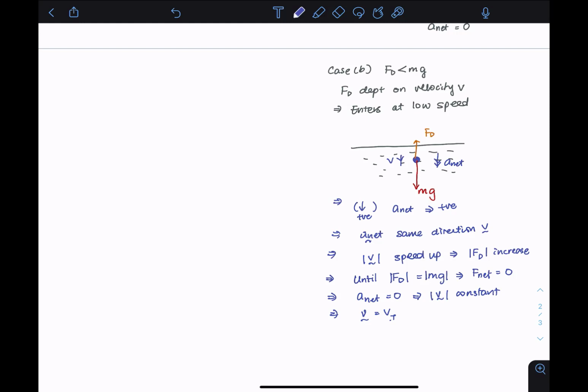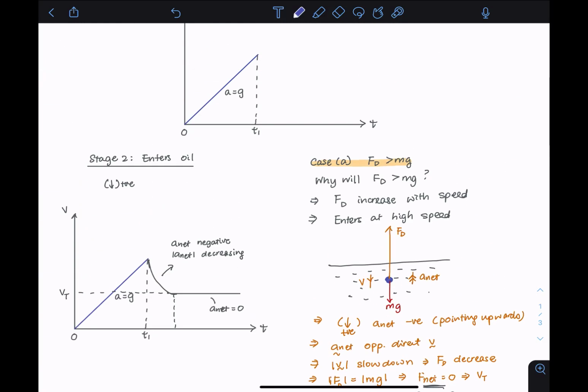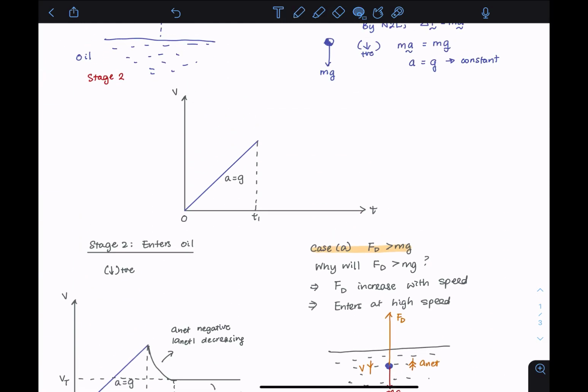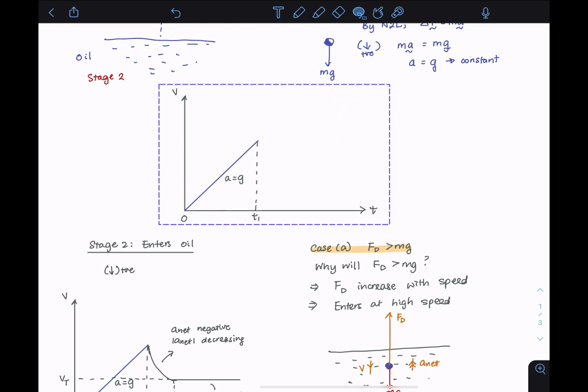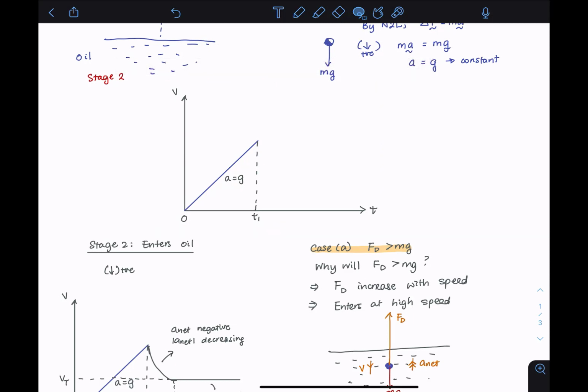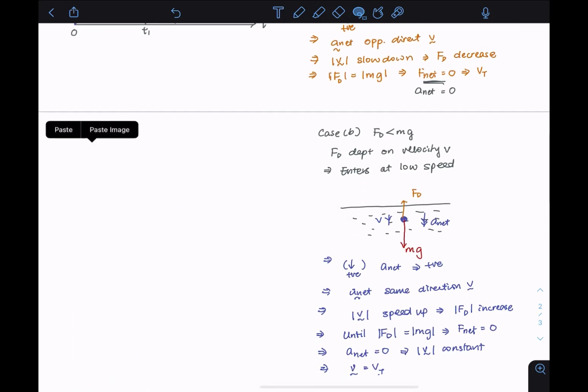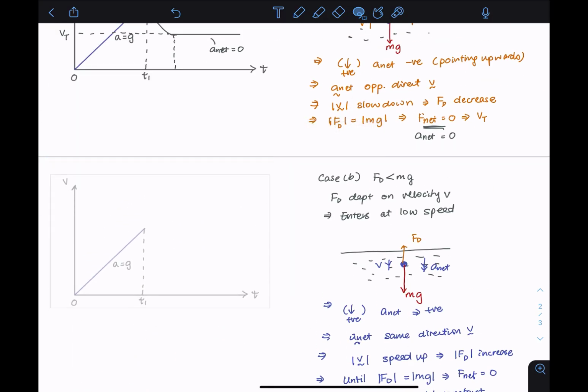We would know that the object has now reached terminal velocity. So we're going to represent that on our graph. I'm again going to clip my graph from above and continue this graph. Let's copy this and bring the image down and continue the next stage of our motion.